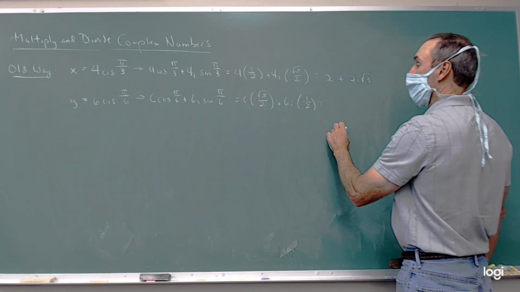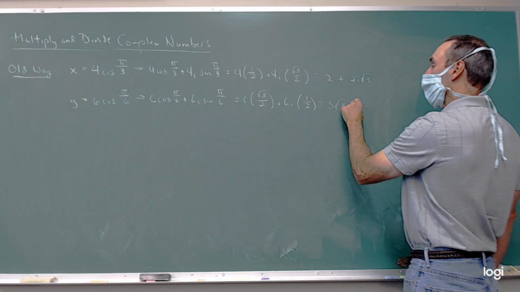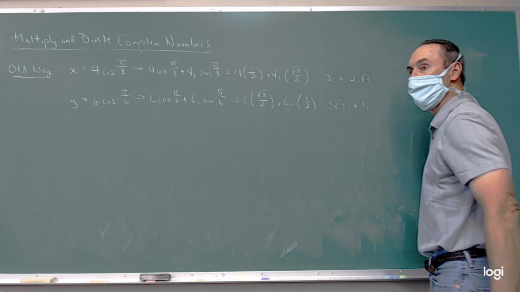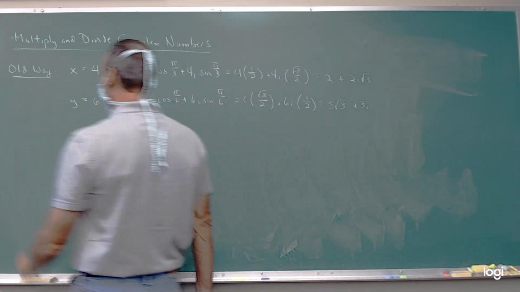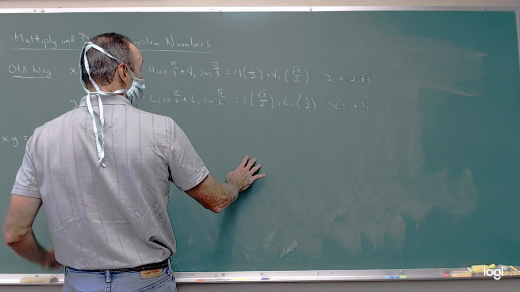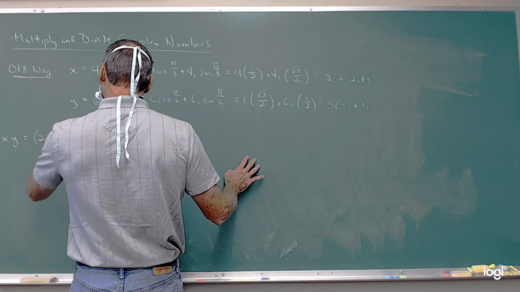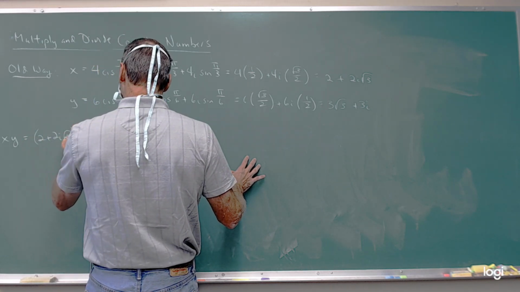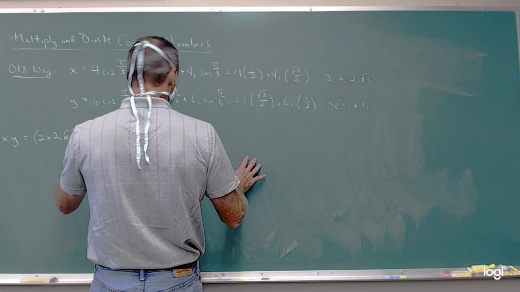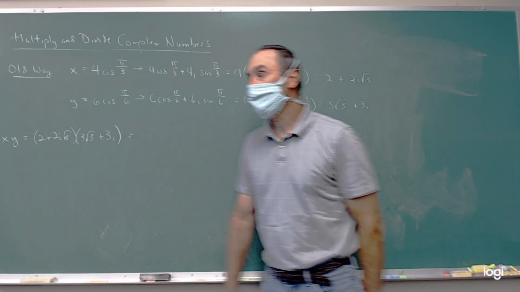So we're left with 3 square root of 3 plus 3i. Does that look good? So now here comes the brute force slog. We're going to multiply 2 plus 2i square root of 3 times 3 square root of 3 plus 3i. Okay?